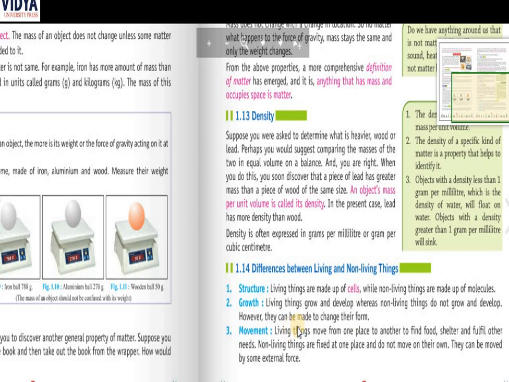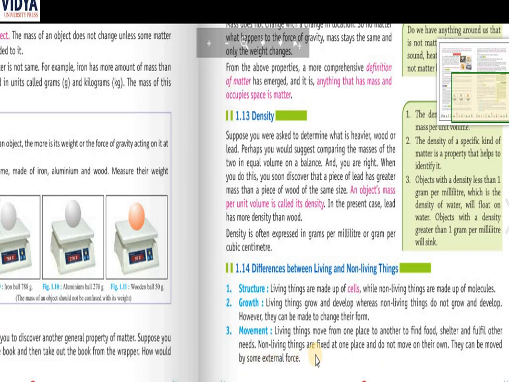However, they can be made to change their form. Movement. Living things move from one place to another to find food, shelter, and fulfill other needs. Non-living things are fixed at one place and do not move on their own. They can be moved by some external force.